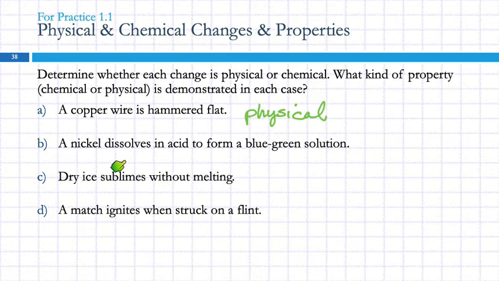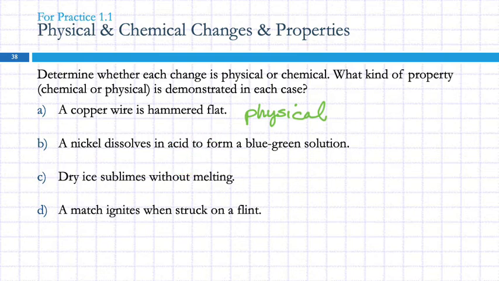How about a nickel, like the coin, dissolving in acid to form a blue-green solution? That is chemical. This one's a little tricky because the word dissolves a lot of times is just describing a physical change, like salt dissolving in water. That's a physical change. But here the nickel is dissolving in acid to form something.